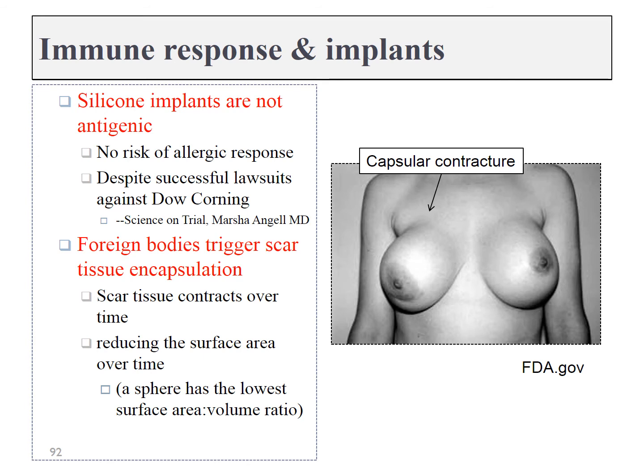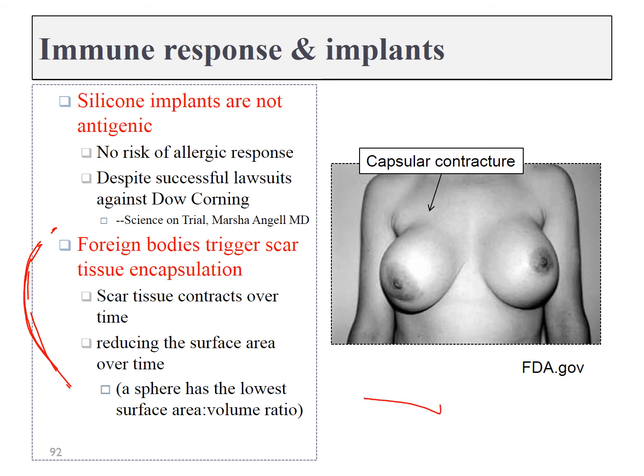However, the body can recognize foreign objects, even if lymphocytes can't recognize any antigens on the surface. And when the immune system detects such a foreign object, it will often trigger activity of fibroblasts to produce a bunch of scar tissue to encapsulate that object.